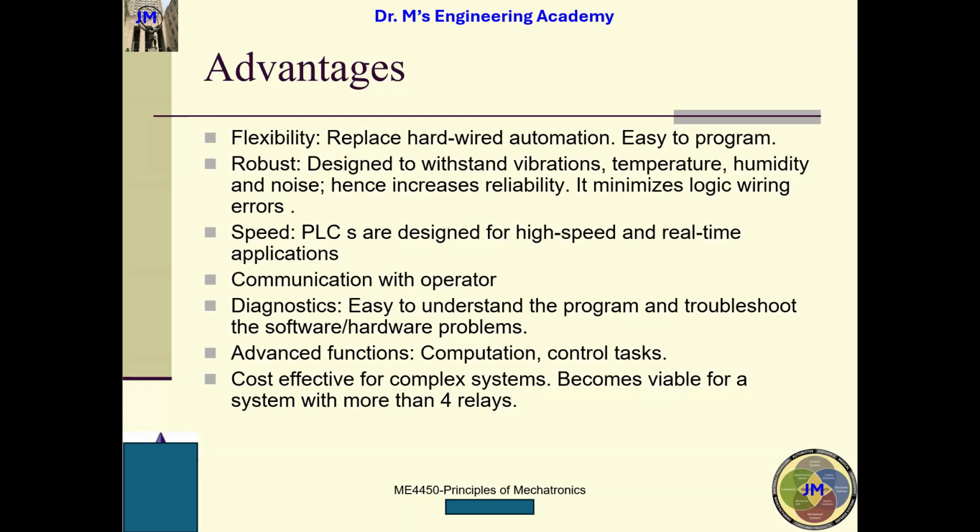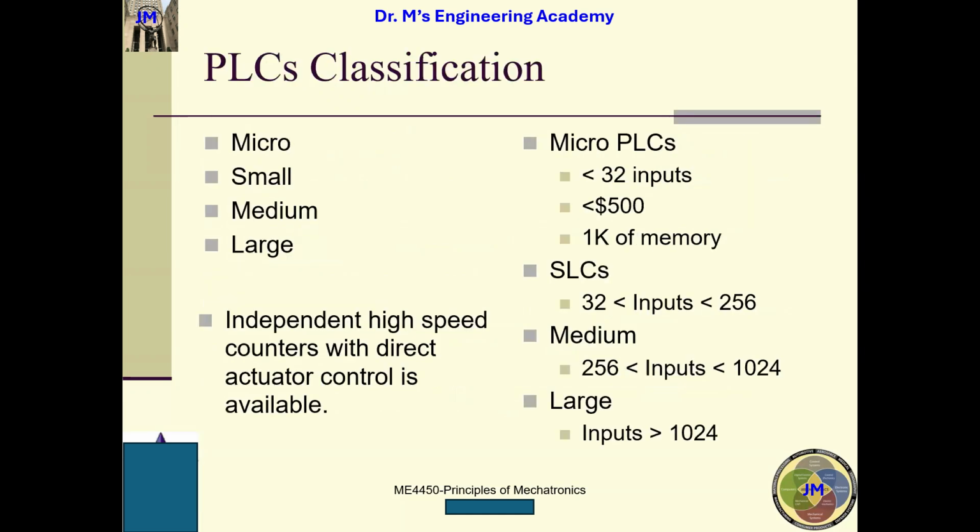Questions regarding the advantages? That's the reason the PLC appeared in the later 1960s, also because industrial applications, industrial automation, drove this PLC. So for PLC classifications, we can have micro, small, medium, and large, based on the inputs.